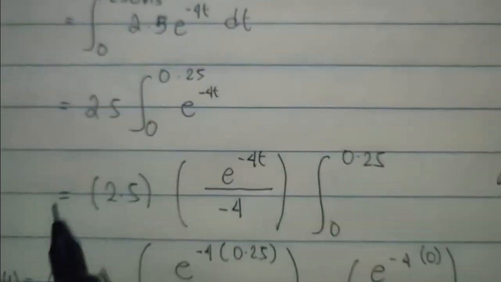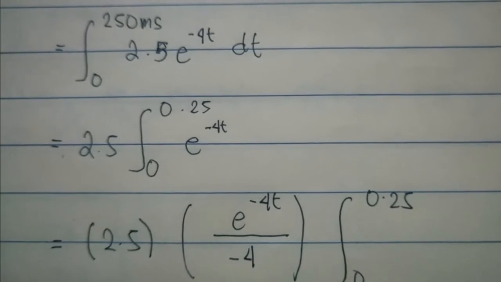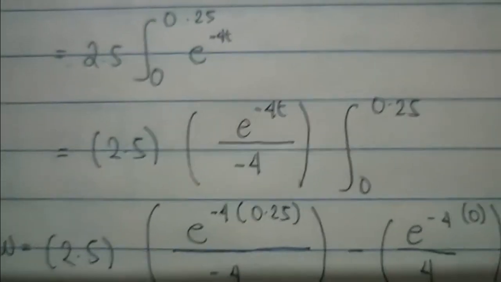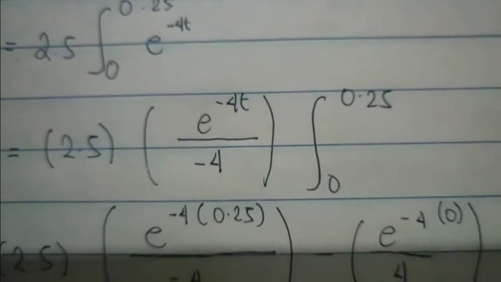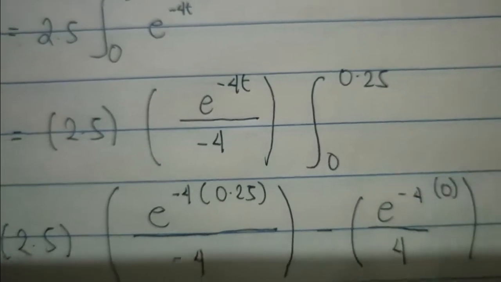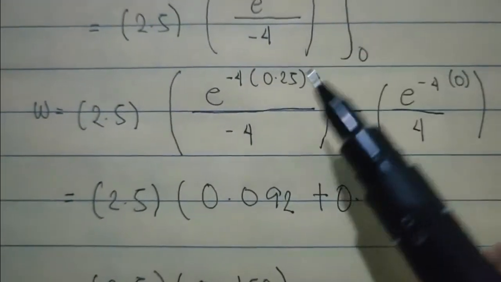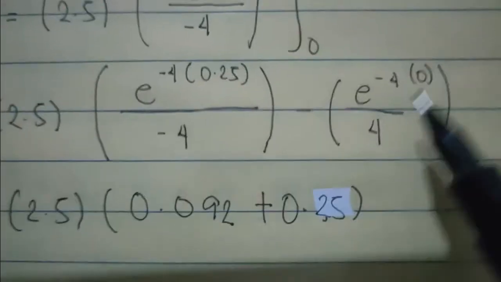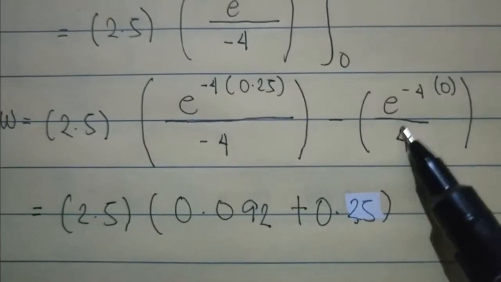So we will just put the 2.5 here. So integrate 0 to 0.25, e raised to negative 40t. So 2.5 times e raised to negative 40t over negative 40. Integrate 0.25 and 0. So for watts, 2.5 times e raised to negative 40 times 0.25 over negative 40 minus e raised to negative 40 times 0 over negative 40.